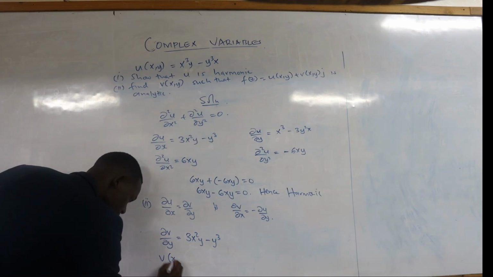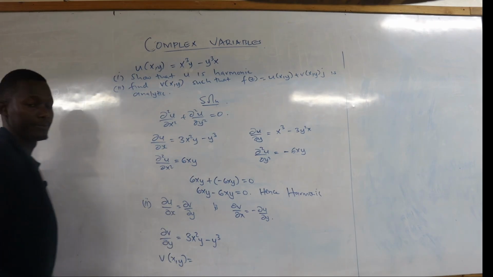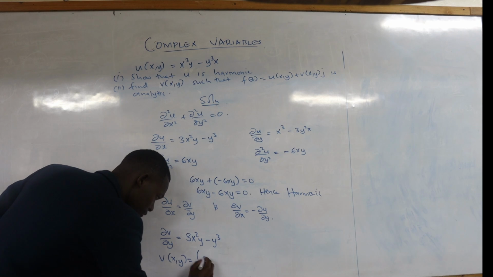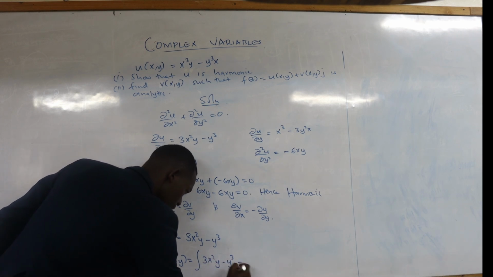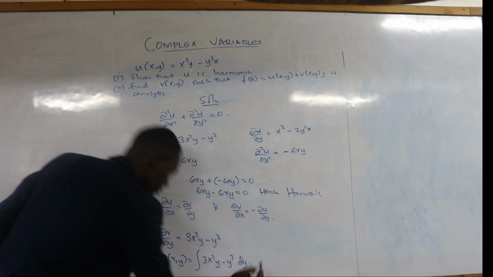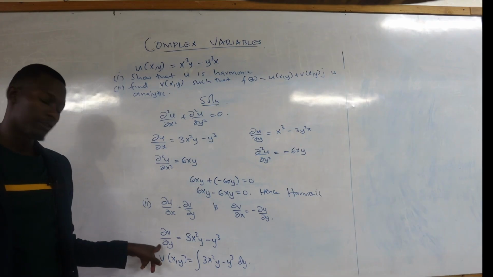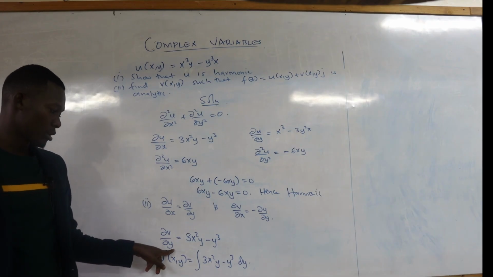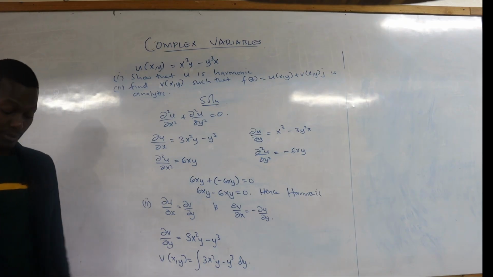So our v in terms of x y is given by the integral of 3x squared y minus y cubed dy. Remember, you're integrating with respect to the variable y, because this one is dv dy.